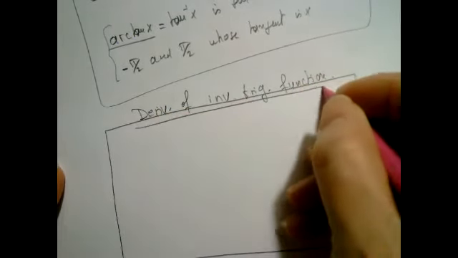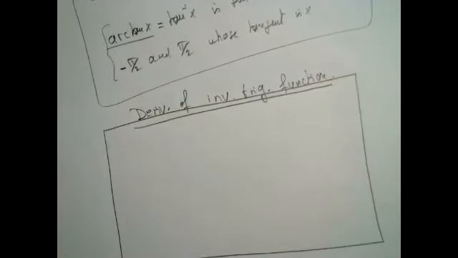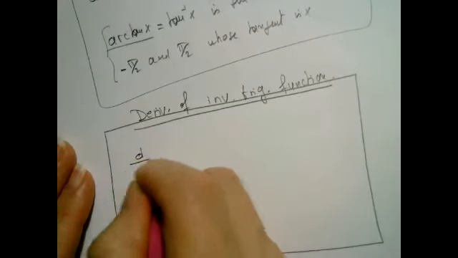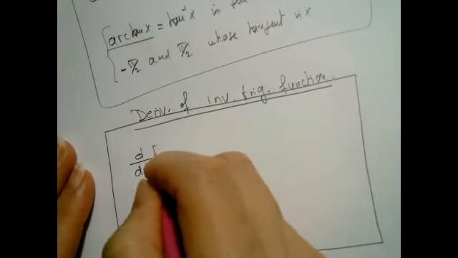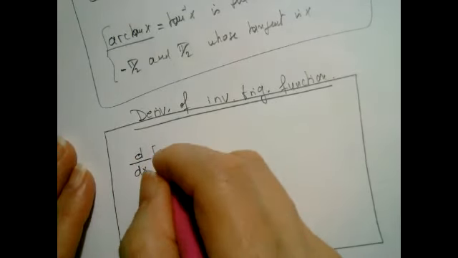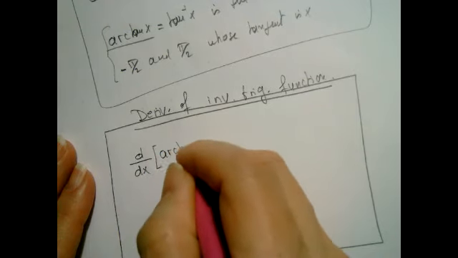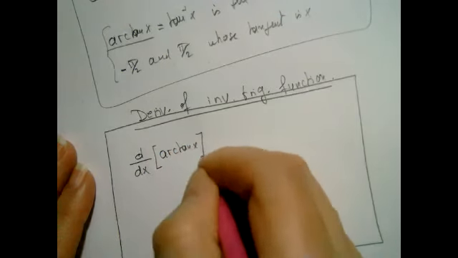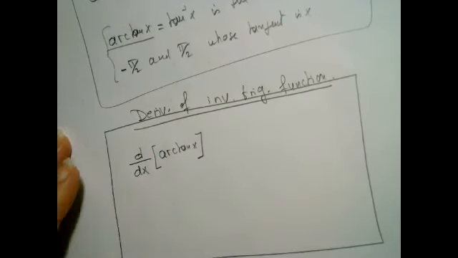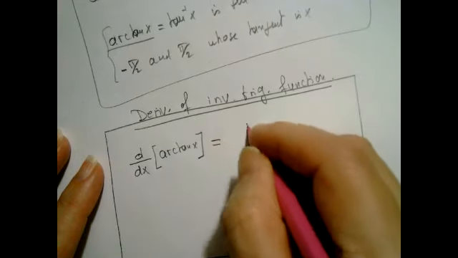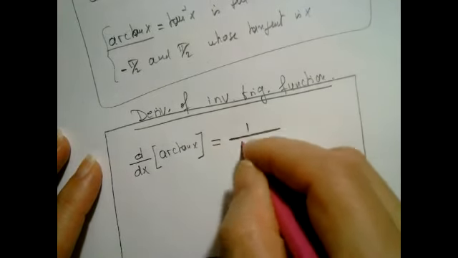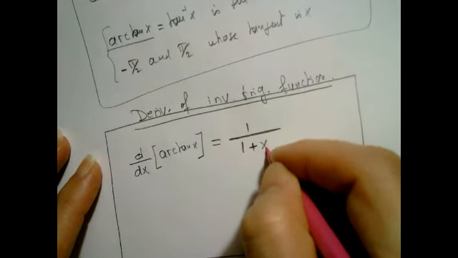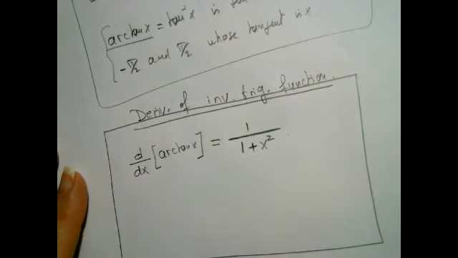Okay. All right, so we start. The derivative of arctangent, which is one of the most used ones. The derivative of arctangent, or derivative of tangent inverse, is 1 over 1 plus x squared.